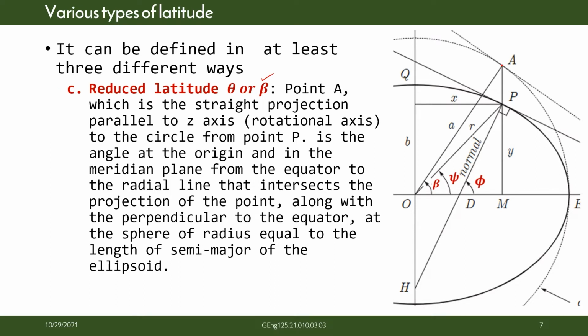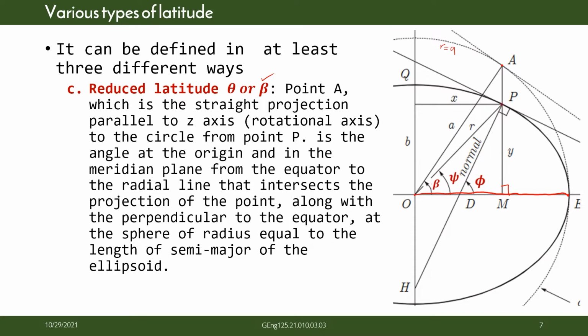Point A is projected upward until intersecting the sphere or circle. This circle's radius is equivalent to A, that is your semi-major axis length. So the radius of this circle is A.